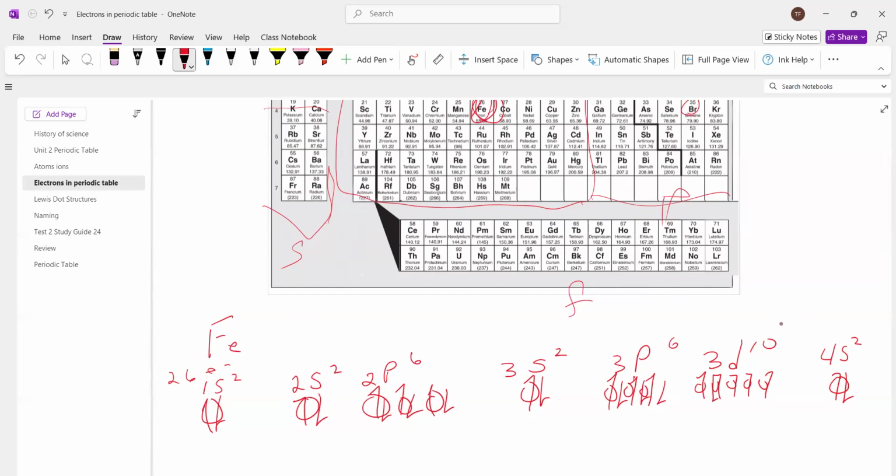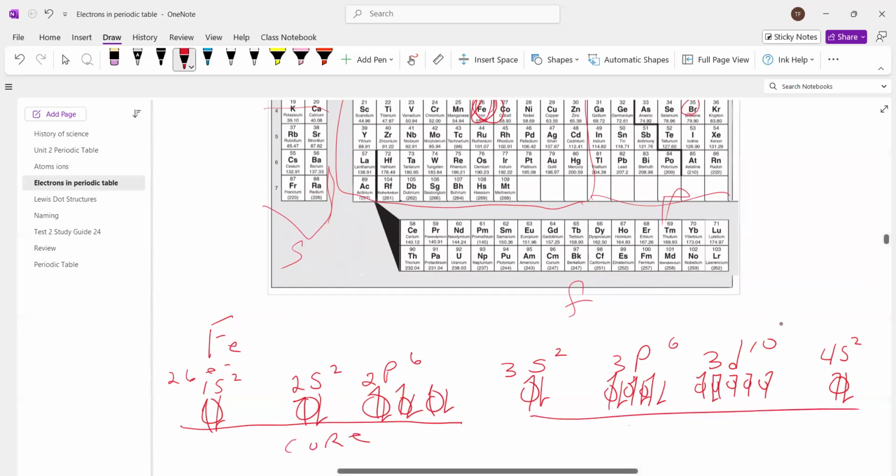Now again, core, valence. Now the problem is that I said the s orbital fills first because it's closer than the p's or d subshells.